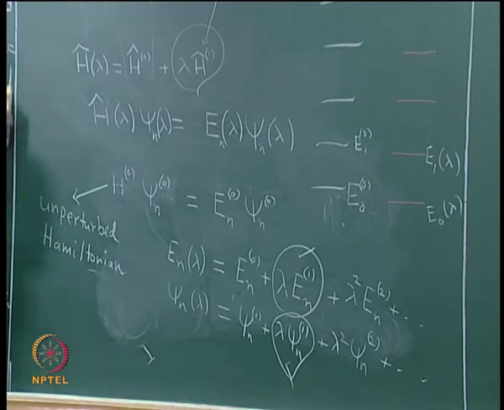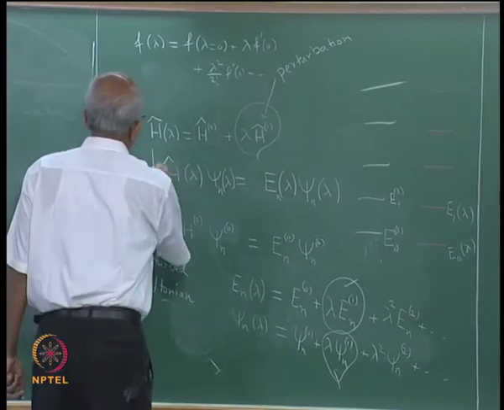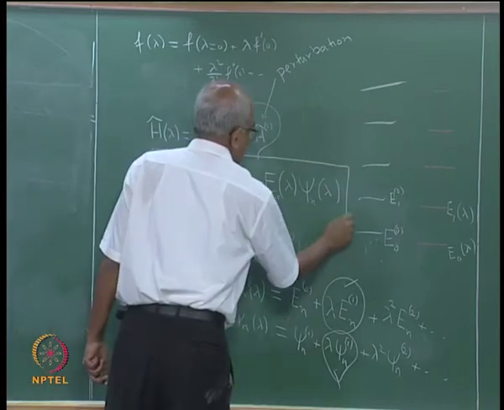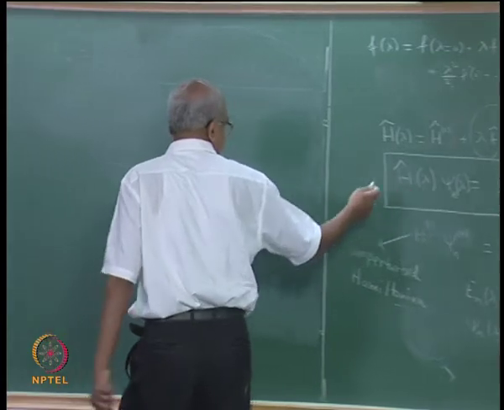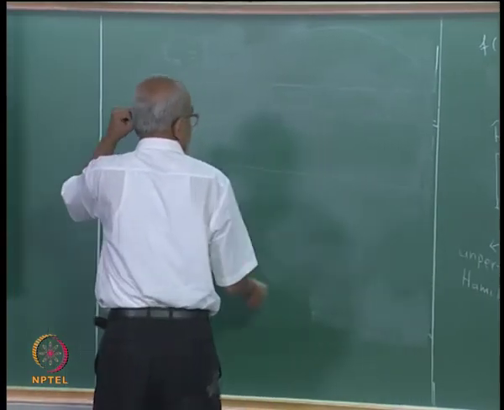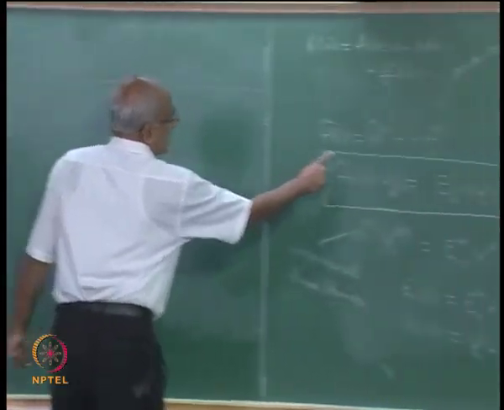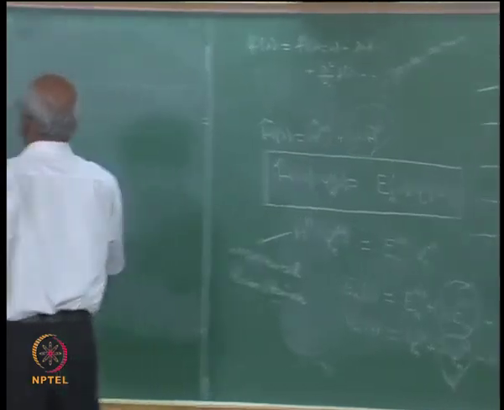So, what am I going to do? I want to determine these things, and of course, what do I have? I have the Schrodinger equation. This is the time independent Schrodinger equation. So, let me write that equation once more. I know that h lambda is given by this expression.